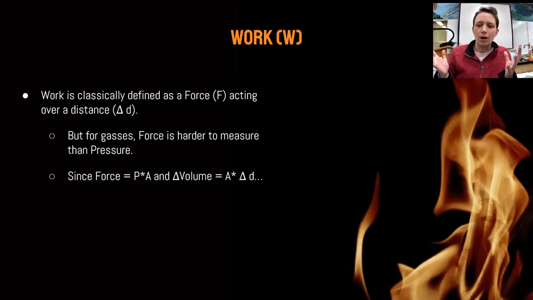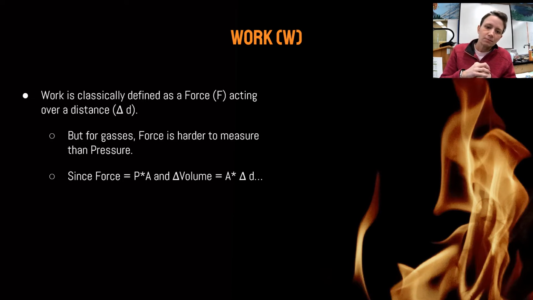So we're going to rewrite this equation. We're going to reimagine work, right? Work was equal to force times distance, but we know that pressure is force over area. So another way to say force is pressure times area. So I'm going to replace the force with the pressure times the area in that equation.